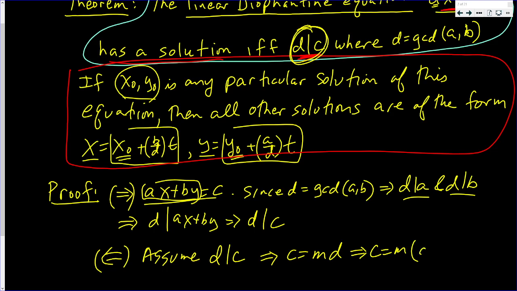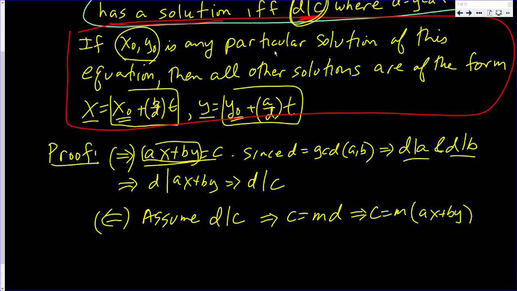But d is, say, ax plus by. This implies, if you write it cleverly, when you distribute, c equals a times mx plus b times my.